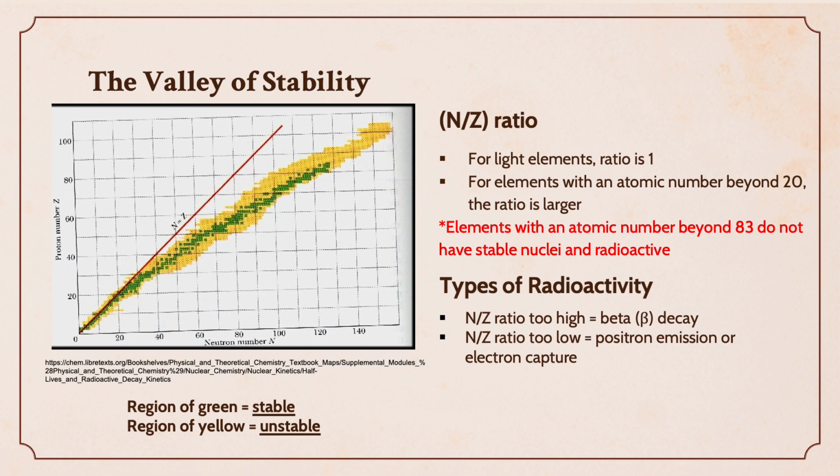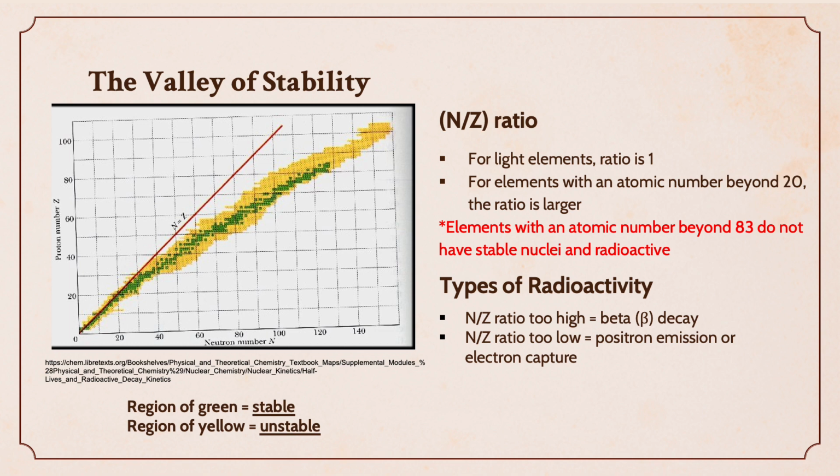Keep in mind that stable nuclei do not exist for elements beyond atomic number 83 because they are radioactive and involve primarily alpha and beta decay. If an N/Z ratio is too high, then it means it has too many neutrons and must convert those neutrons to protons via beta decay.